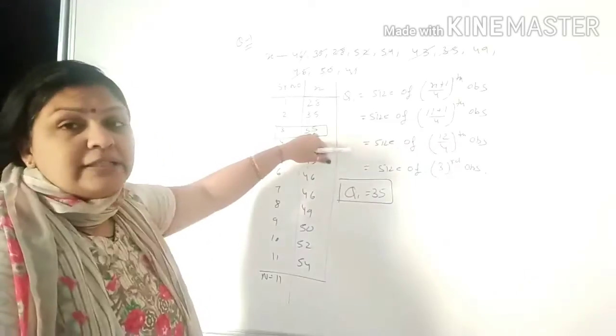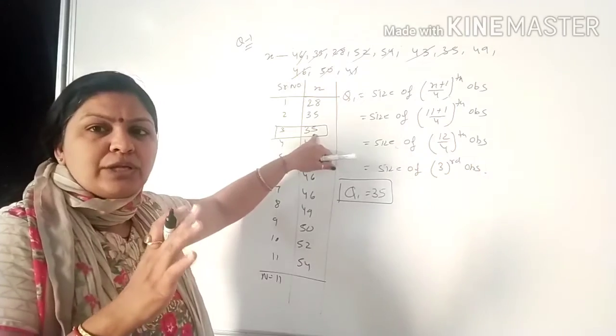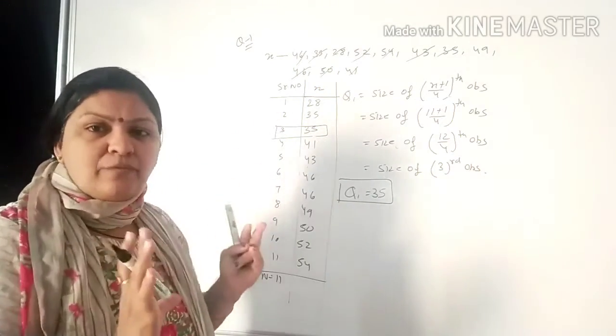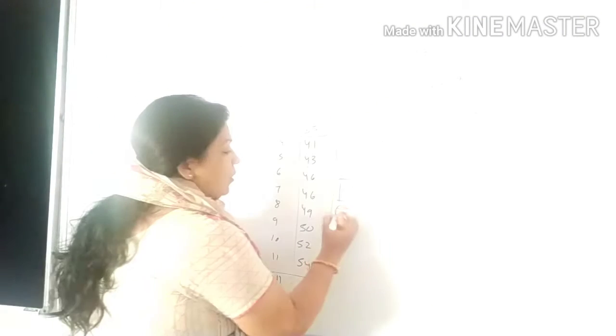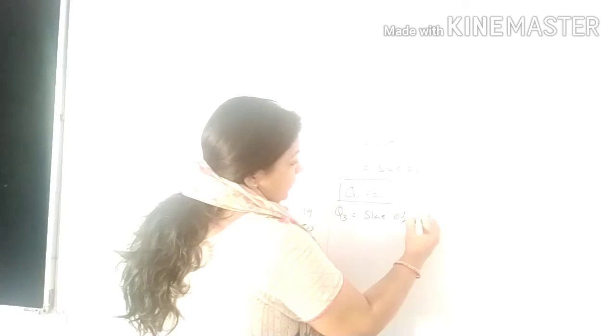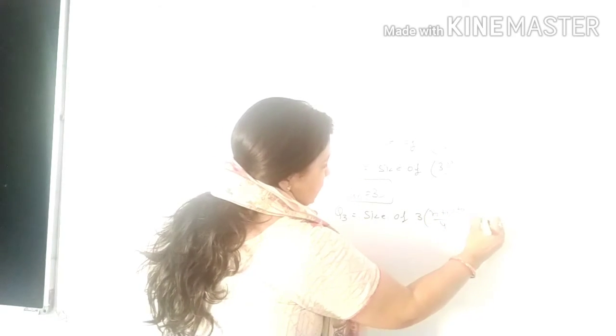Whenever we need the value of Q1, the median, or Q3, we take the value from X. Now for Q3, the size of 3(n plus 1) by 4th observation.